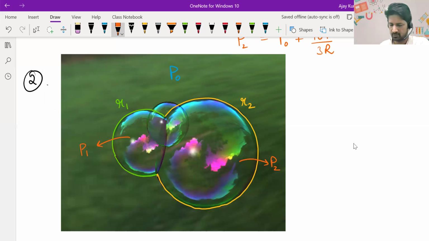But you see, the common surface that these two bubbles share, if you observe carefully, seems to have a different radius of curvature altogether. Let me mark that in orange. It's like this.